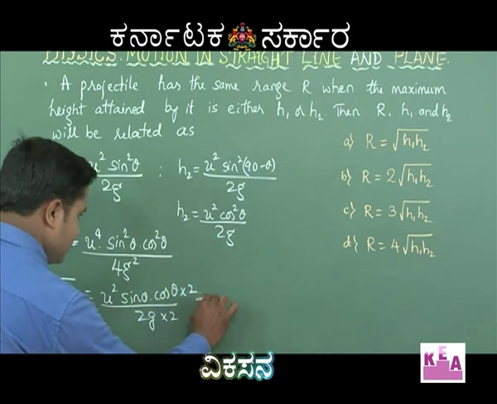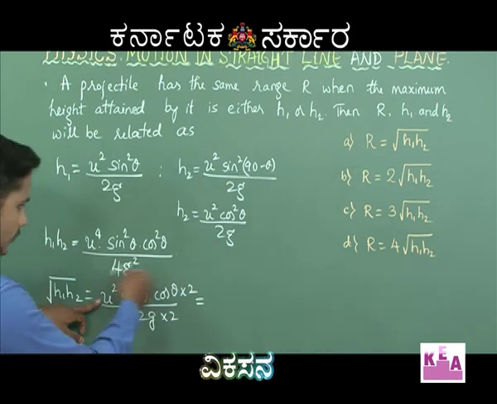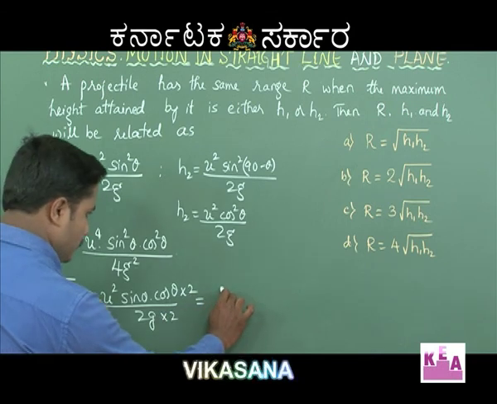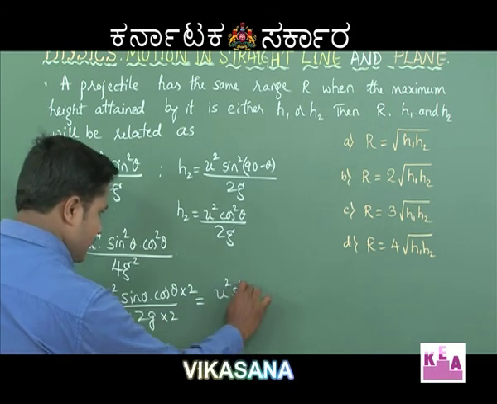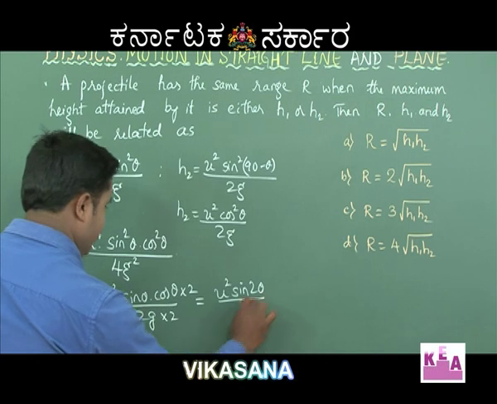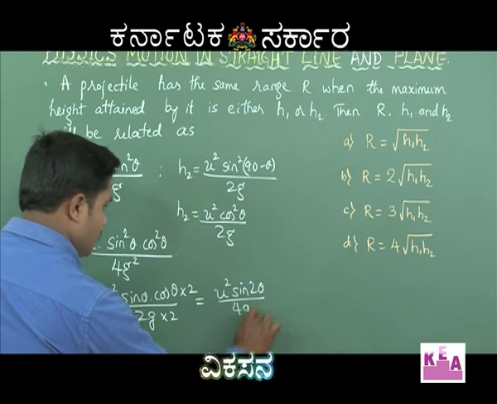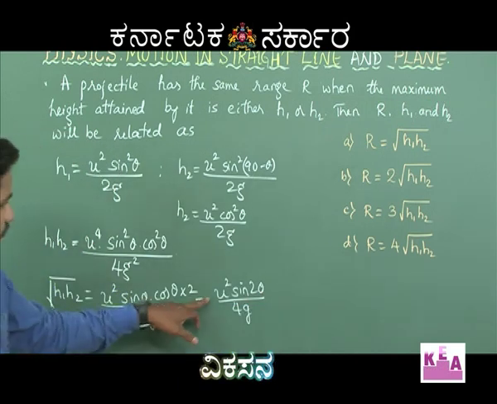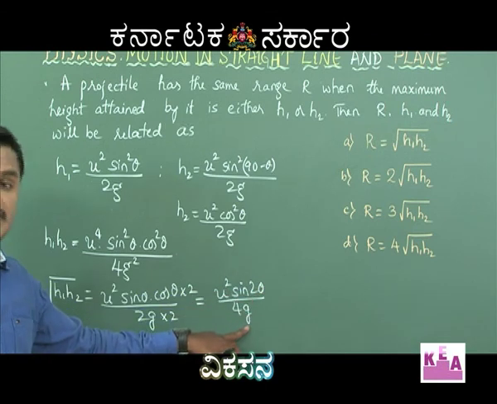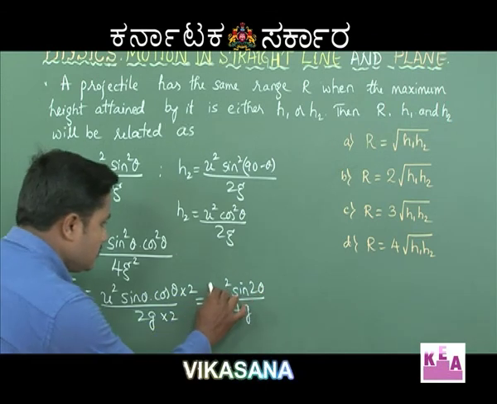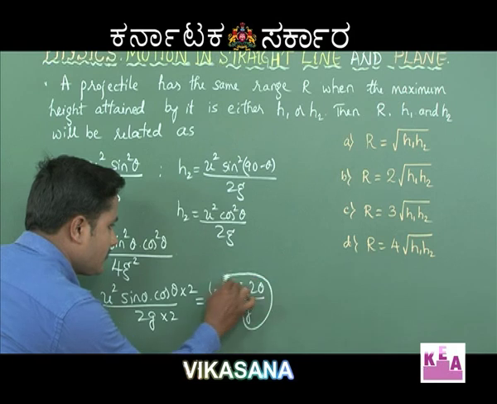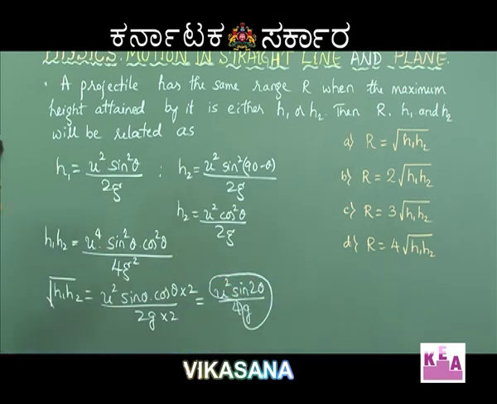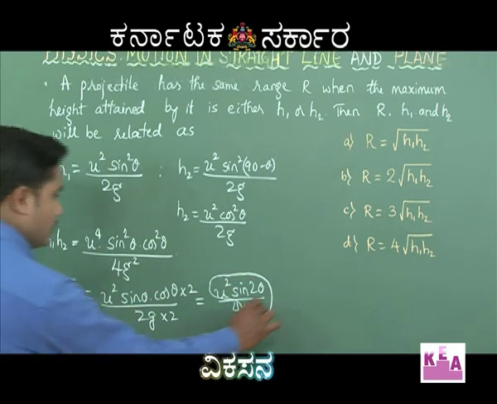This can be written as u square into 2 sin theta cos theta is sin 2 theta, so u square sin 2 theta divided by 4g. What is this? U square sin 2 theta by g is your horizontal range, so this term is capital R. So I am left with R by 4.